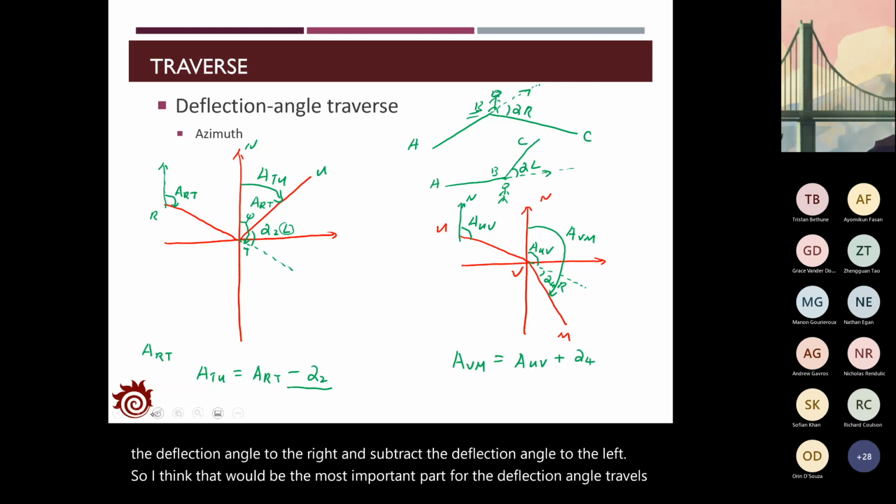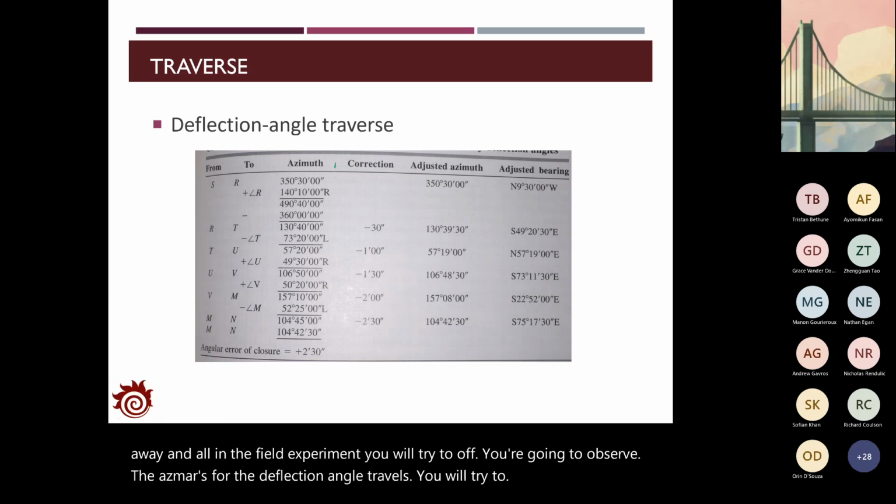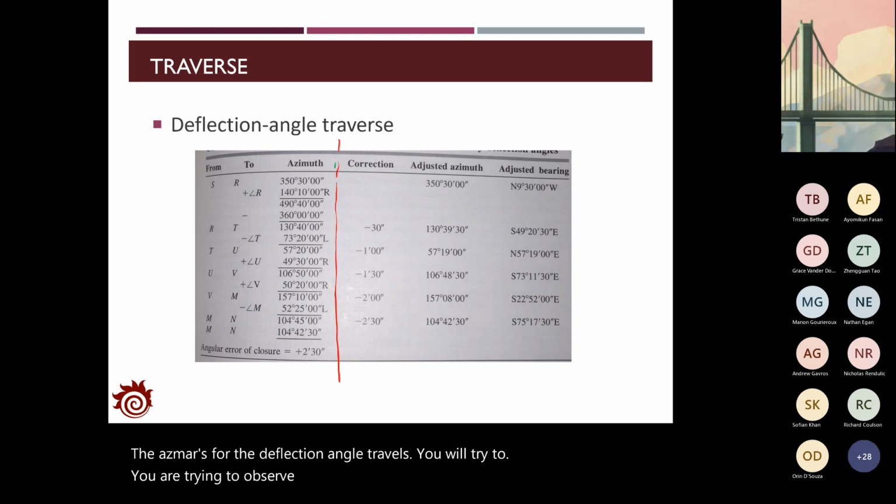And in the field experiment, you're going to observe the azimuth for the deflection angle traverse. You will try to observe or measure the deflection angle. So you have the initial direction of SR, and then you're going to measure the deflection angle.